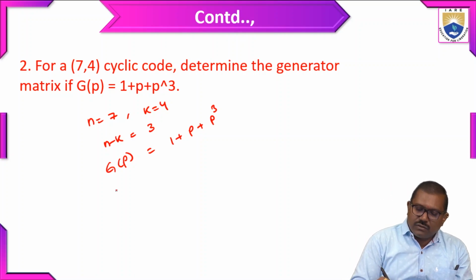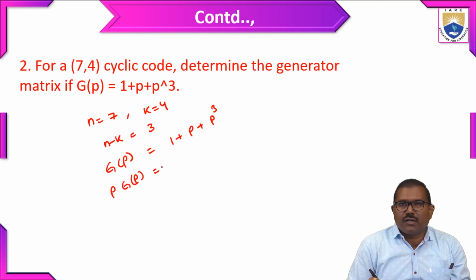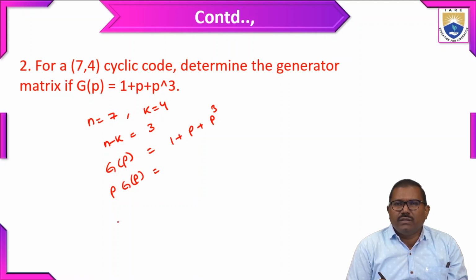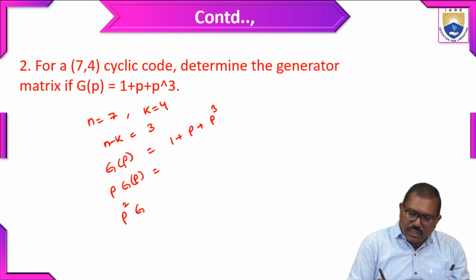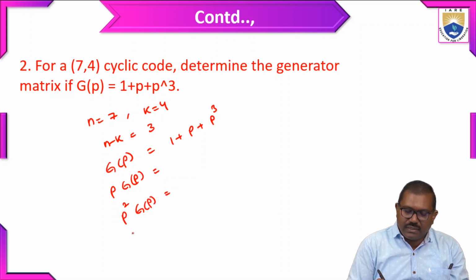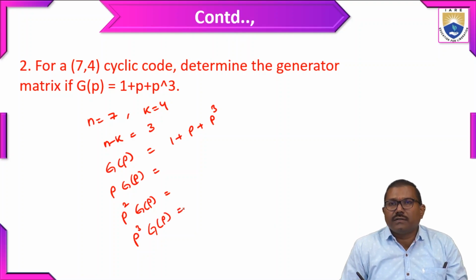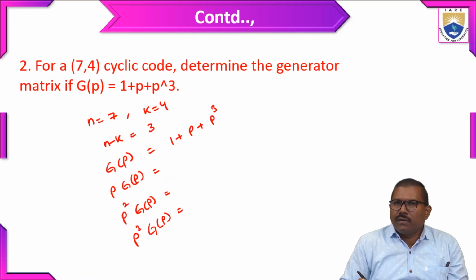Okay. So for this, we use some cyclic operations. This generator polynomial is multiplied with the P term one time, and again P square G of P the second time, and P cube G of P, this third term. Why we are doing this, I will explain later.